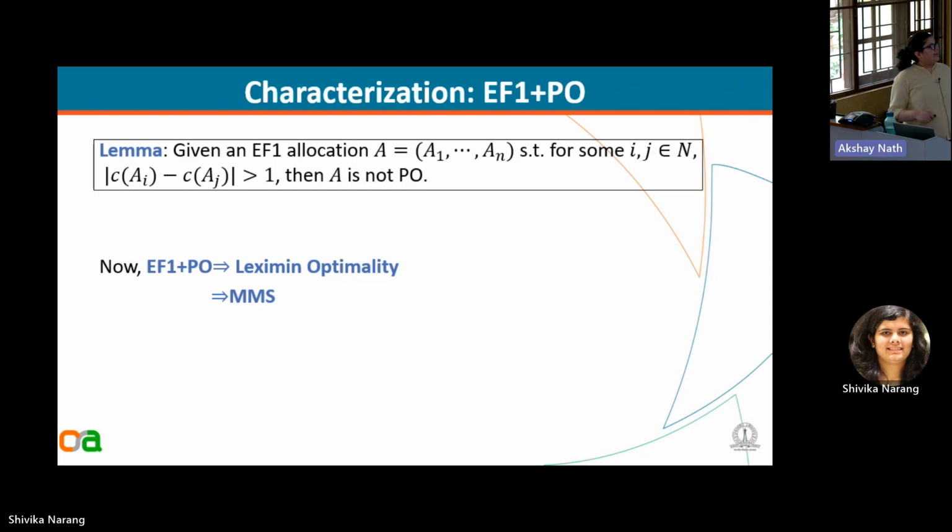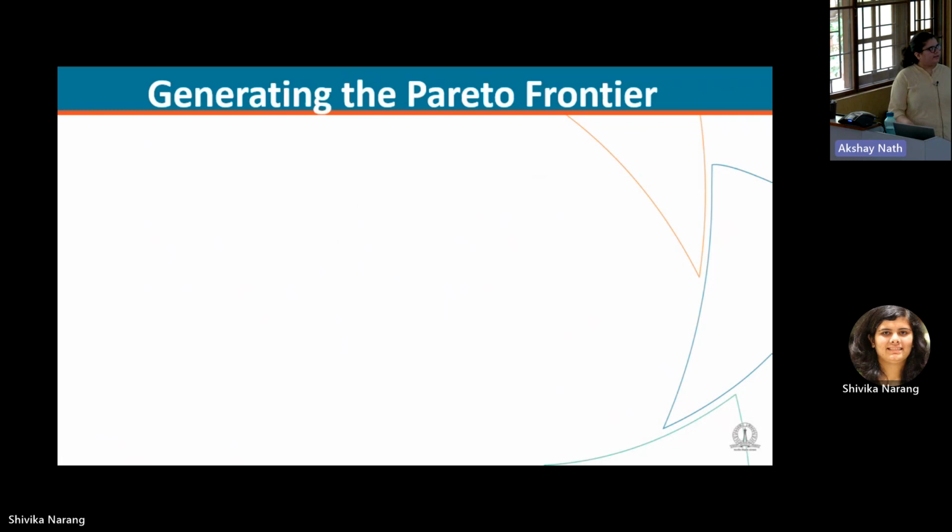So if I can find a Leximin optimal allocation, I can actually solve all the different things I'm looking at. And what we do is a little bit of overkill. We find an even bigger set of PO allocations, which is called the Pareto frontier.